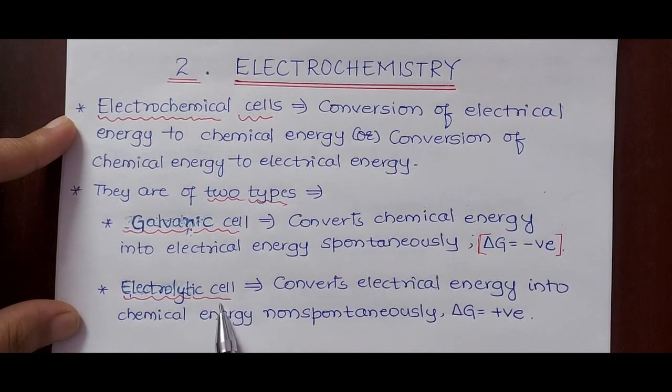Next is the electrolytic cell. An electrolytic cell converts electrical energy into chemical energy non-spontaneously, and non-spontaneously means the reaction does not occur on its own. It needs some aid for the reaction to be carried out, and its Gibbs free energy change we represent as delta G equal to positive.